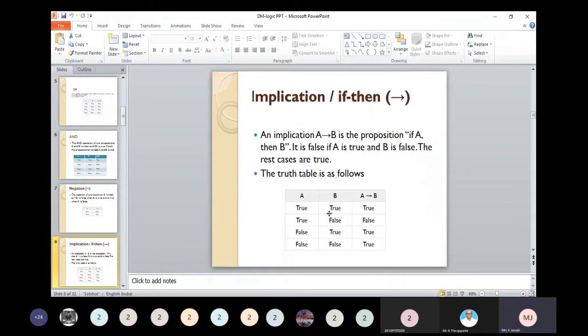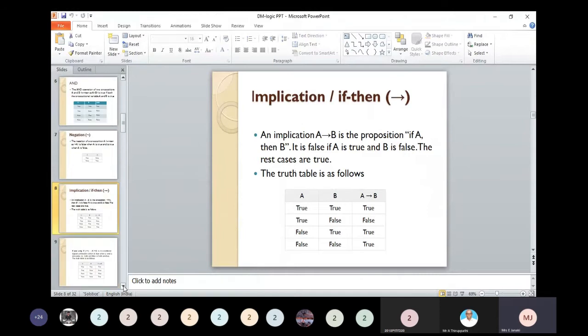Whenever A is true and B is false, then the conditional statement A conditional B is false, and the rest of the cases are true. See the second row of the table. A is true and B is false. The conditional statement A conditional B is false, and the remaining values are true. This is a conditional statement.